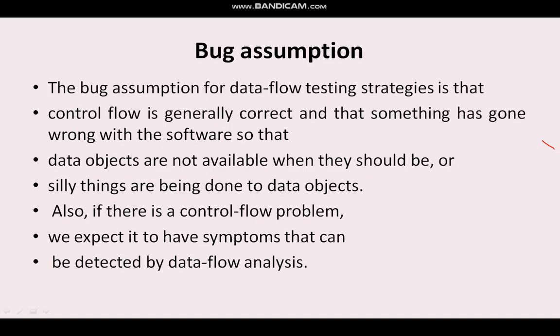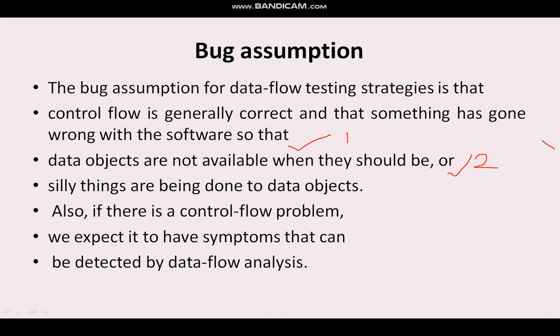The bug assumptions for data flow testing strategies are, number one, the control flow is normally right, but whenever anything is wrong in the control flow, that is the first bug assumption. Number two, data objects are not available: the data objects are not created, but you are using them. That is another kind of bug assumption.